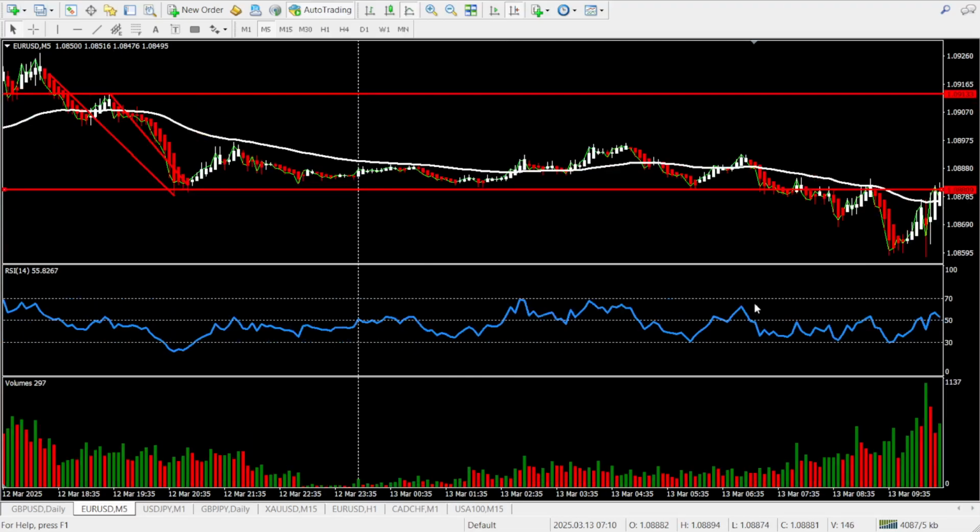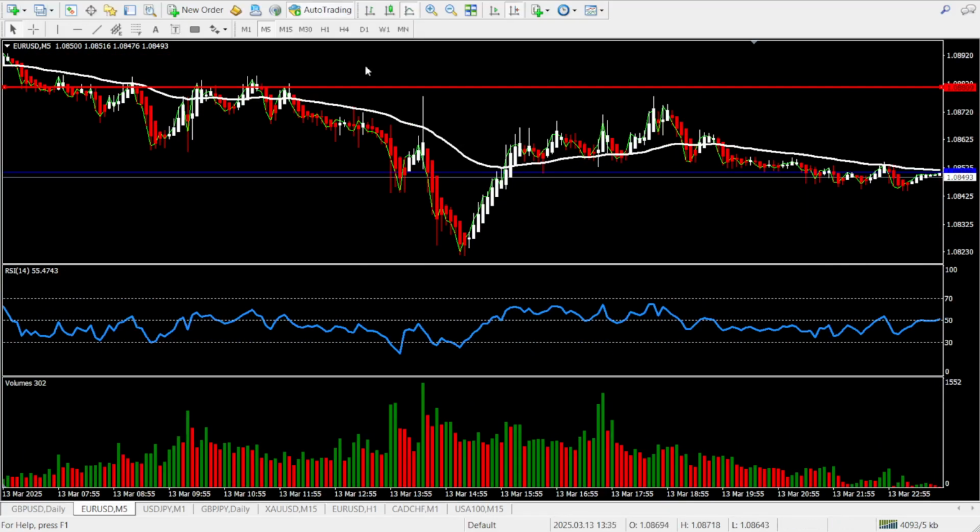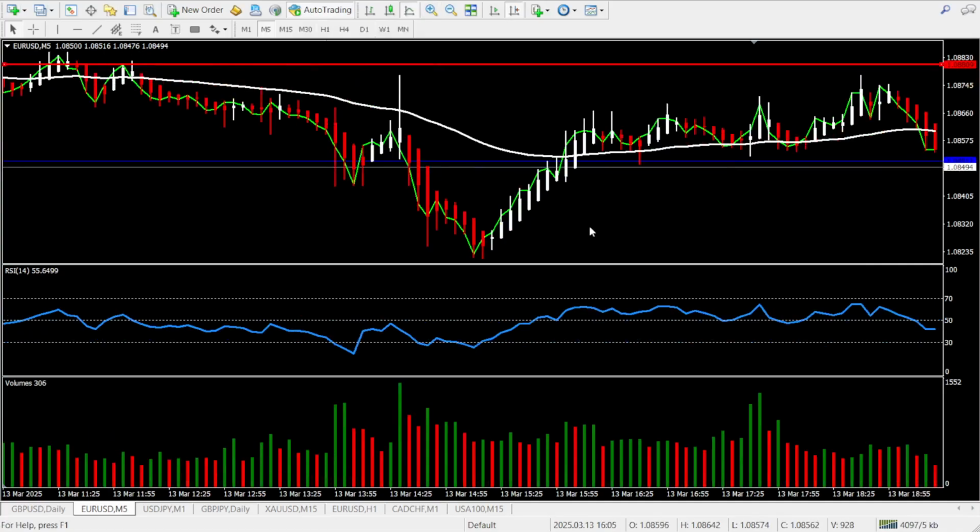Look for indecision candles after a strong uptrend or downtrend. Okay, I think we have an example here. So you can see, look for an indecision candle after a strong uptrend or downtrend.